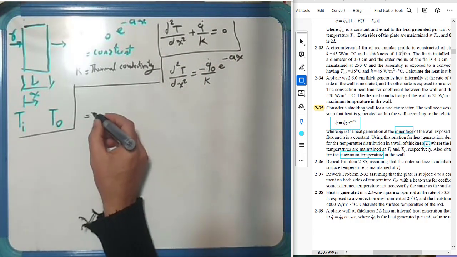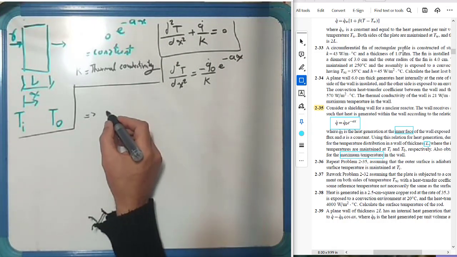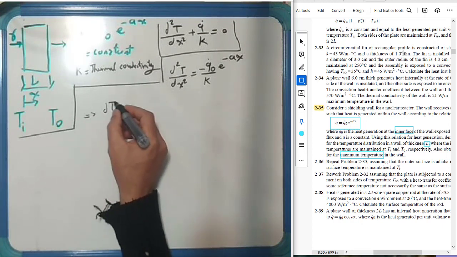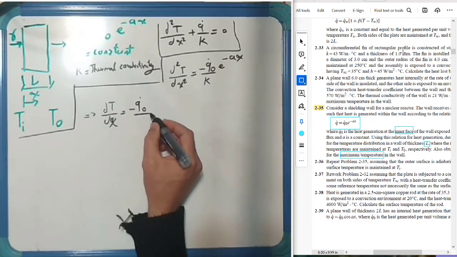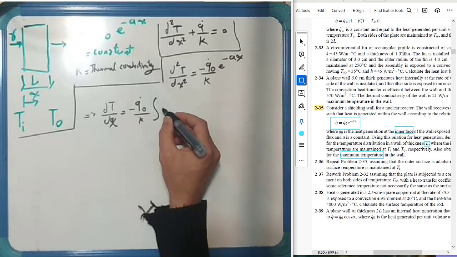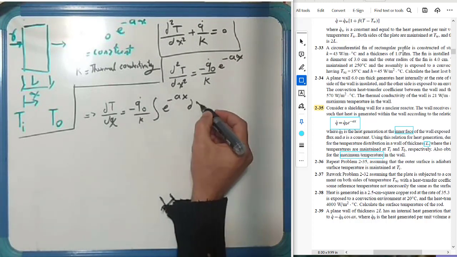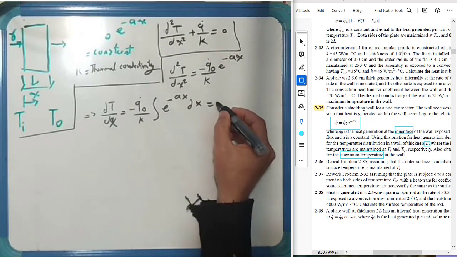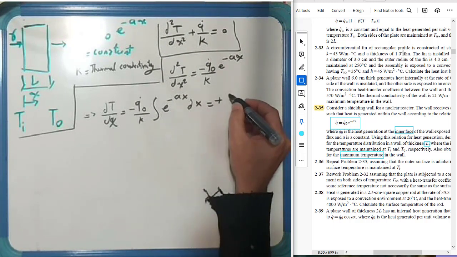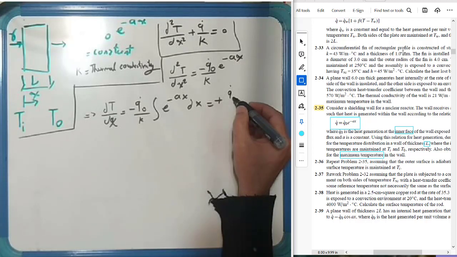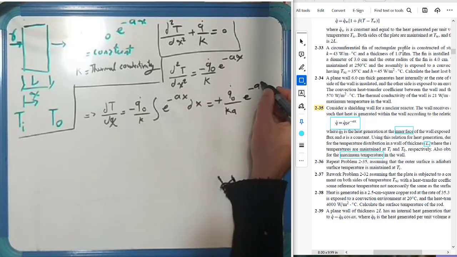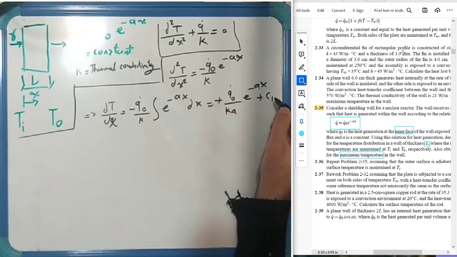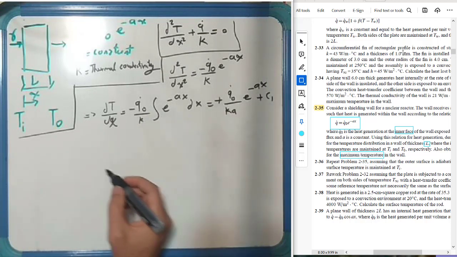Then dT over dx equals minus Q dot naught over k integral of e to the power minus a x dx, which, if you solve this integral, will be positive Q dot naught over k a e to the power minus a x plus c1, which is a constant for this integral.